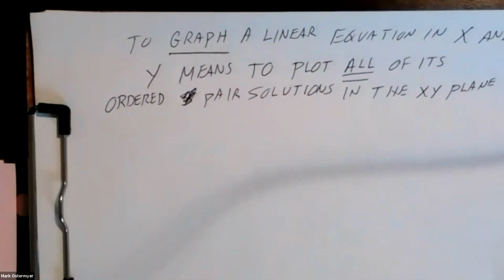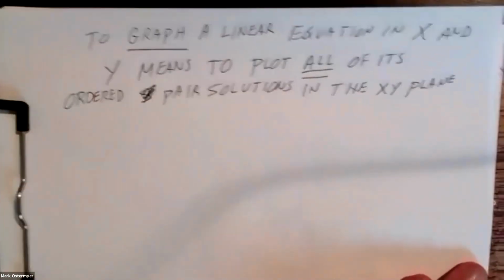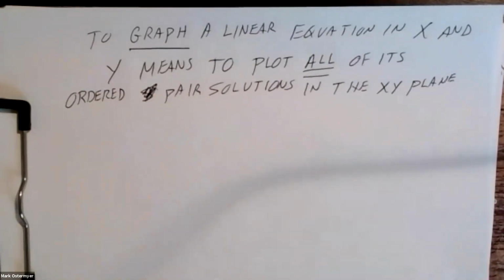That's what it means, ladies and gentlemen, to graph a linear equation in x and y. It means to plot all of its ordered pair solutions in the XY plane.